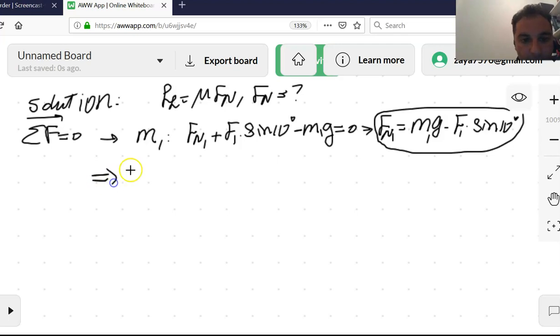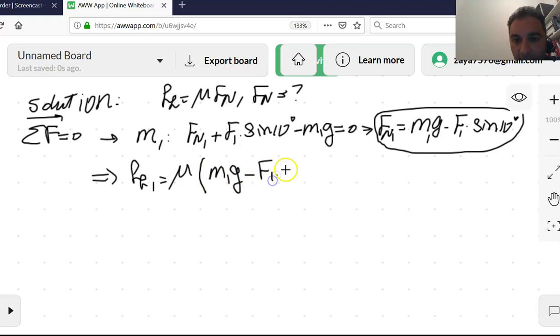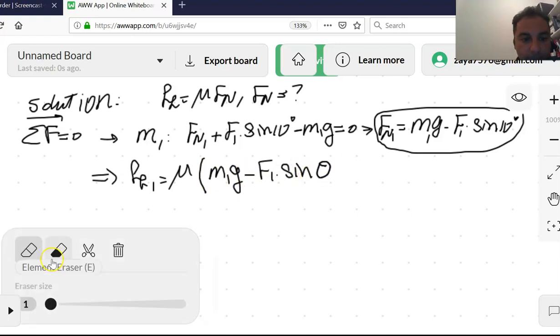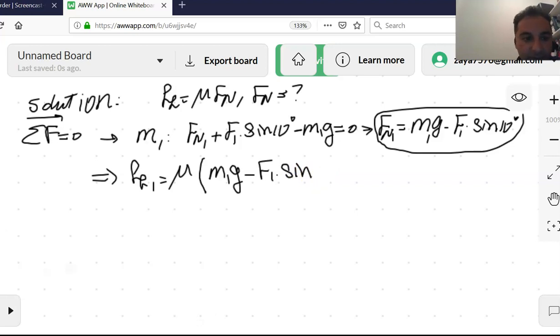Therefore, friction force F1 will be mu, pay attention, you have to open parentheses and write all of Fn inside the parentheses. So this is 10, correct?